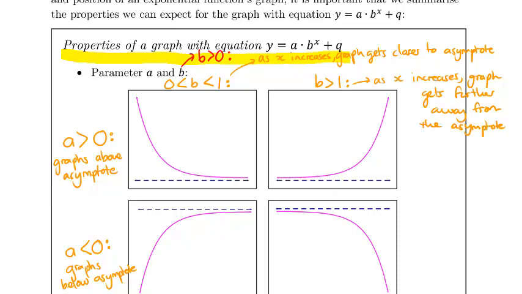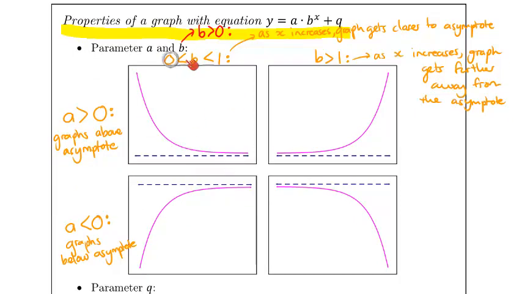Okay, so these two graphs are what we can expect when b is between 0 and 1. These two graphs are what we can expect when b is greater than 1. And the a and the b parameters then combine to create the situations that we have over here. So if we have a greater than 0 and b between 0 and 1, we will end up with that decreasing function over here.